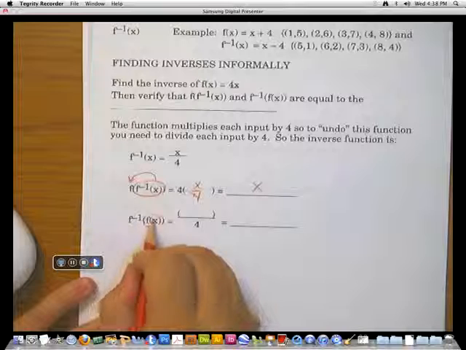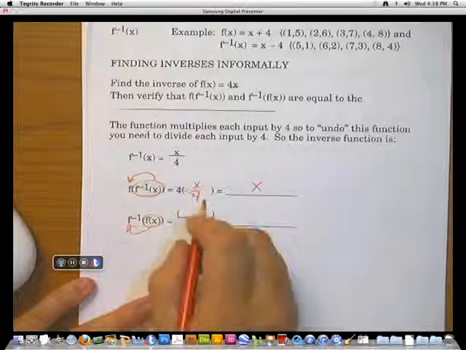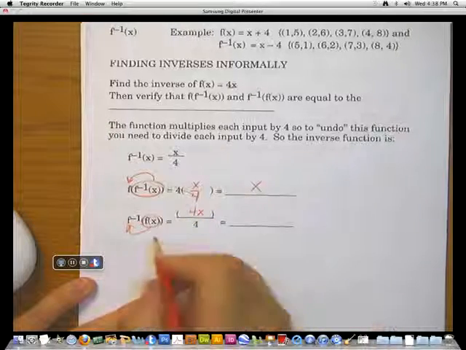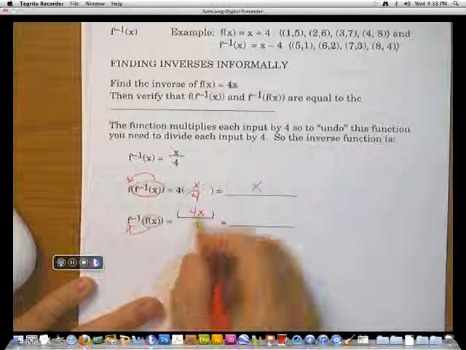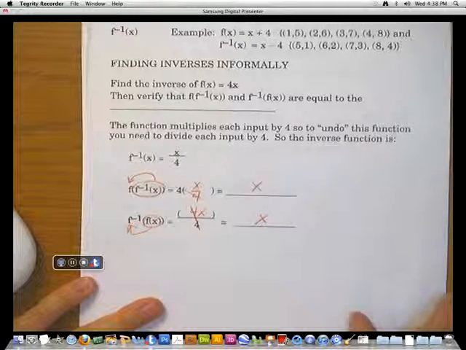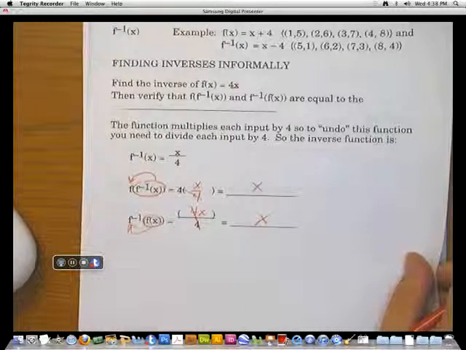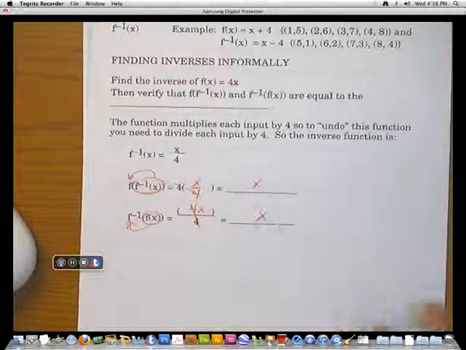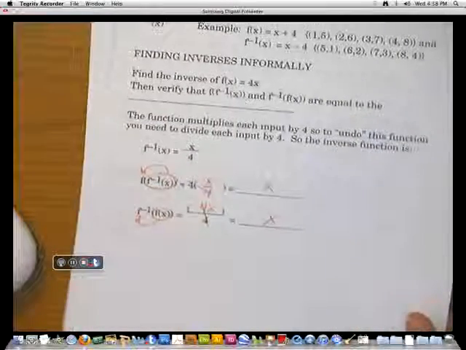And then when I put x into my inverse, so my x is 4x, and I put it into the inverse of over 4, it reduces to x. This proves that they are inverses of each other, because when we do the composites of them, we get the x, or we get the identity.